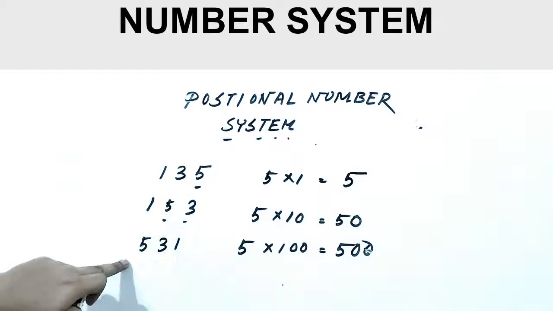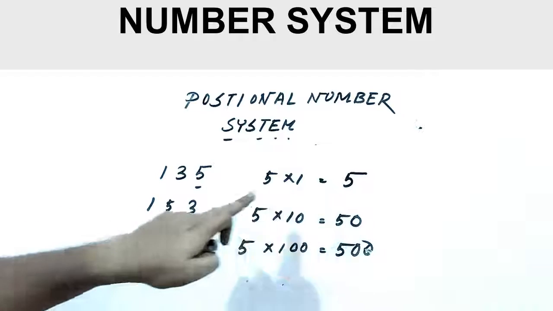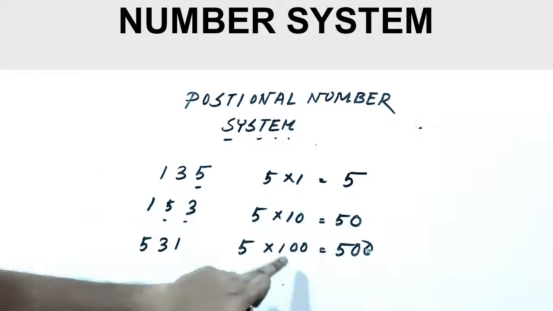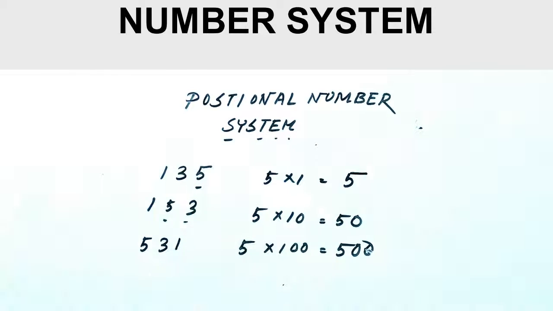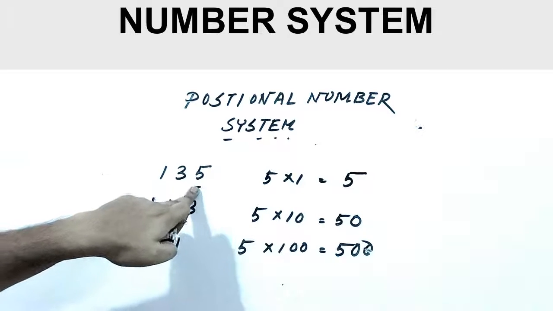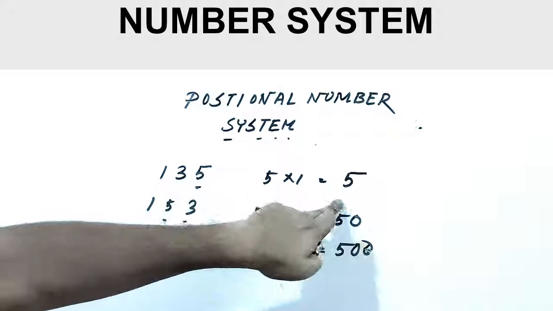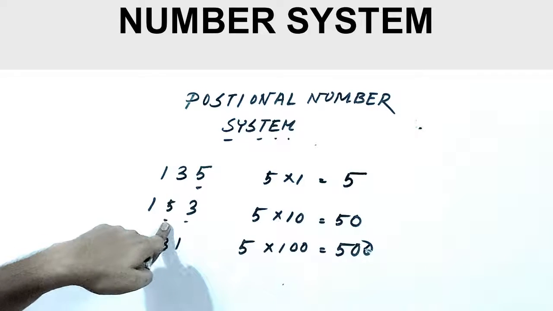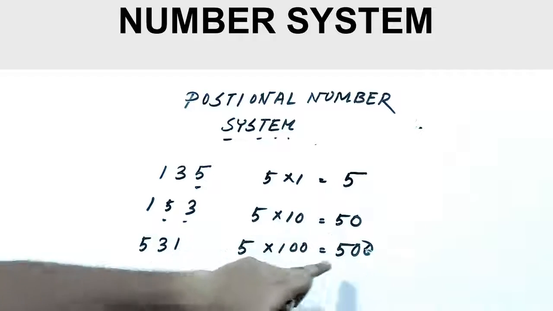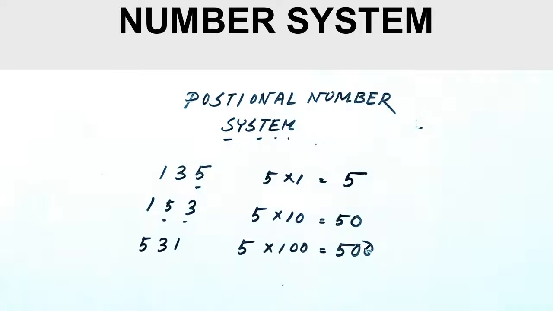Depending on the position, its weightage is changing. Here, what was the weightage of 5? 5 into 1 equal to 5. Now how it is becoming 1, and why we are multiplying with 10 and why we are multiplying with 100, that will come later. But for now it is clear that depending on the position of 5, its weightage is 5. Now if I write it here, its weightage is 50. If I write it here, its weightage is 500. So that's why it is called the positional number system, because 5 here is not 5, it is 500.